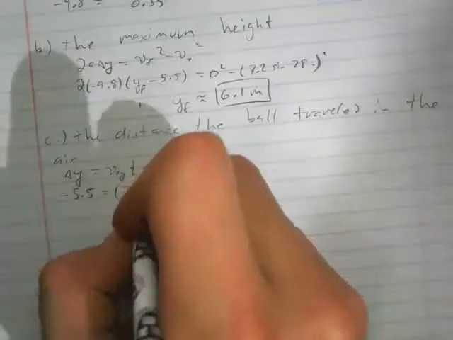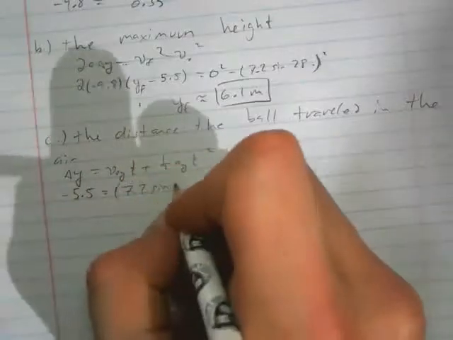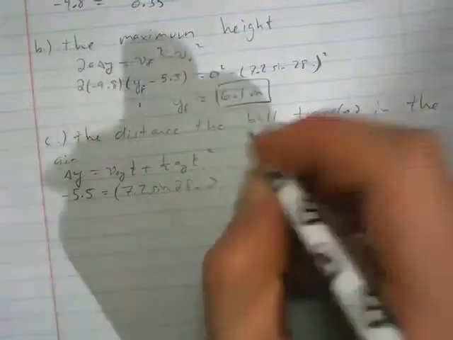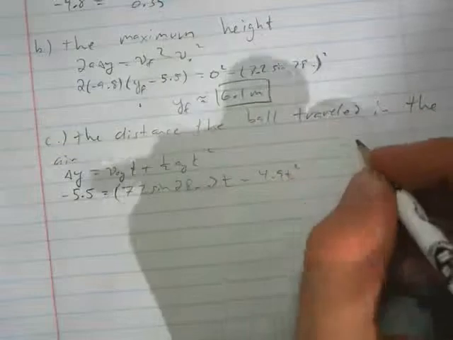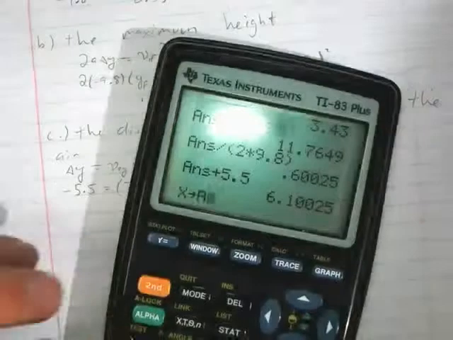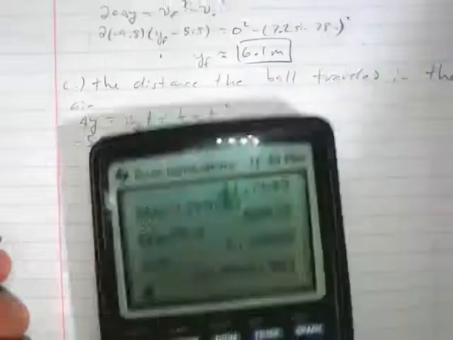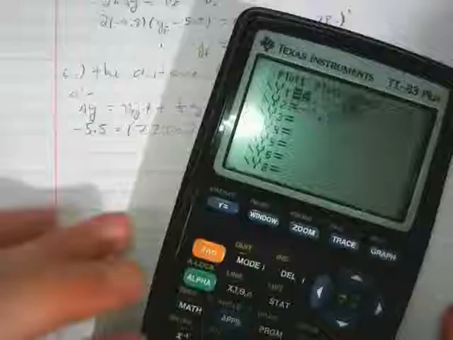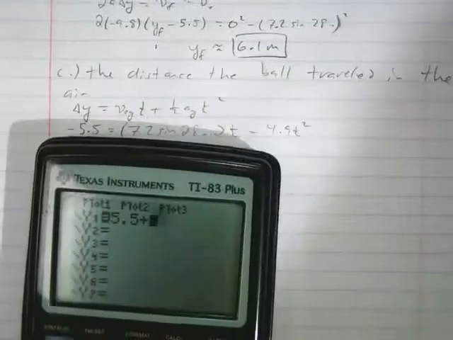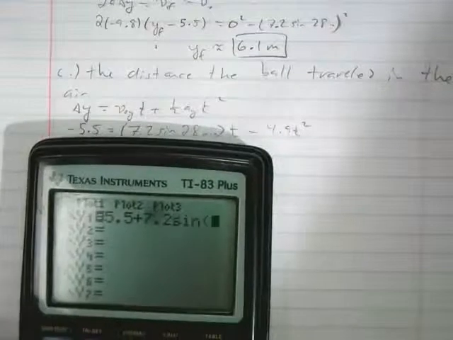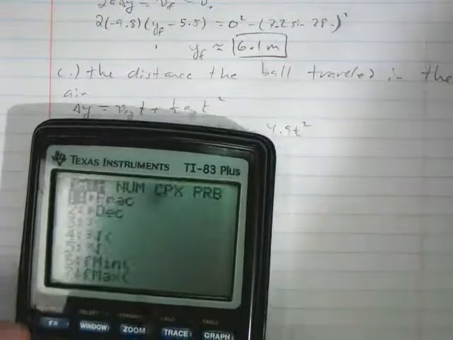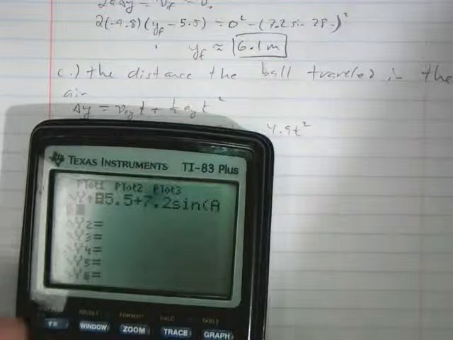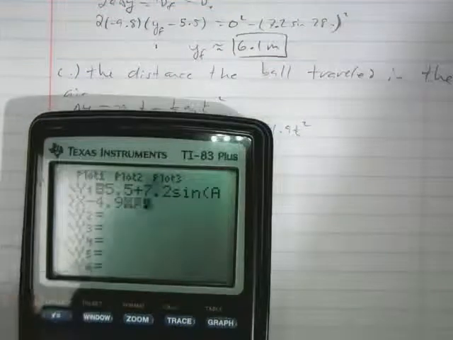So that's 7.2 sine of 28, using the stored value still, minus 4.9 t squared. All right, and I can't call that x because then I can't punch it into my graph, so I'll change it to a. Go y equals 5.5 plus 7.2 sine of a, x minus 4.9x squared.